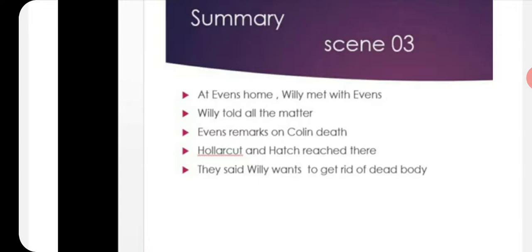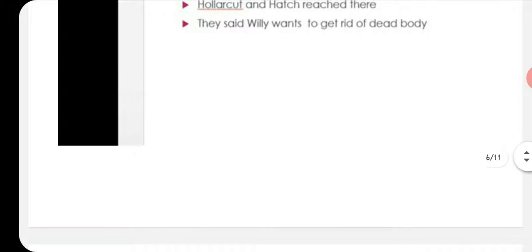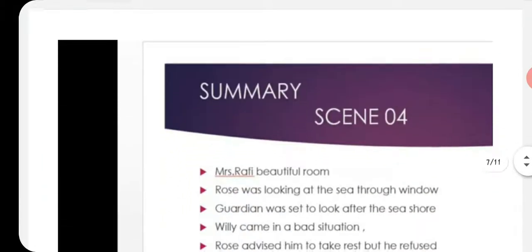Willie also has some discussion with Evans and tells him that Evans didn't do well, because he was passing by and Willie called him for help, but Evans didn't hear his request. Evans remarks on Colin's death, and he says that his dead body will soon be on the seashore. He tells him which direction they should go to find the dead body of Colin.